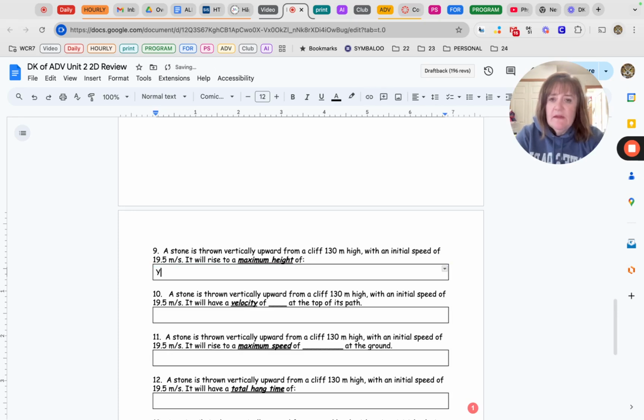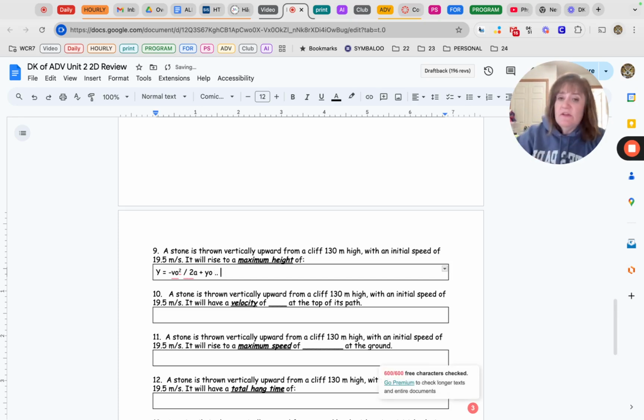The equation we need is y equals negative V naught squared divided by 2a, plus your y naught. Okay, so in this situation, grabbing your handy dandy calculator, this would be 19.5 squared divided by, now we're on Earth, so gravity is 9.8. So 2 times 9.8 is 19.6.